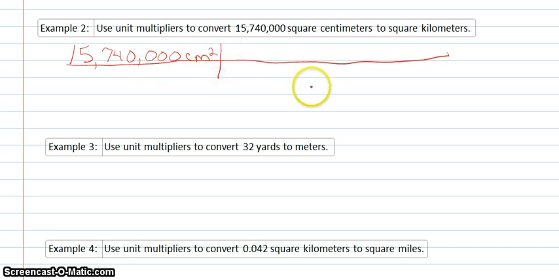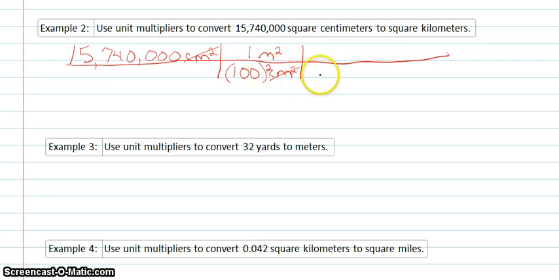I still do the same steps, it's just that because it's squared, I'll have to square my unit multipliers. Centimeters to meters, so 100 centimeters, and now I'm just going to square it. You could write 100 centimeters times 100 centimeters on the bottom, but that's 1 meter squared, and the centimeters squared cancel.